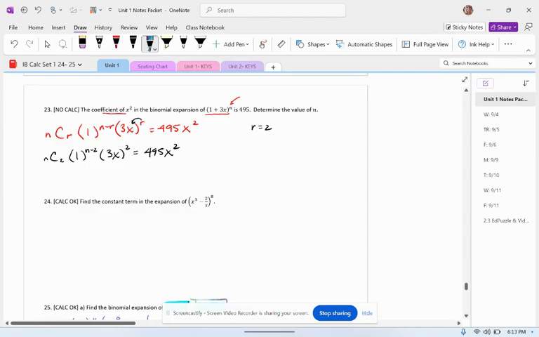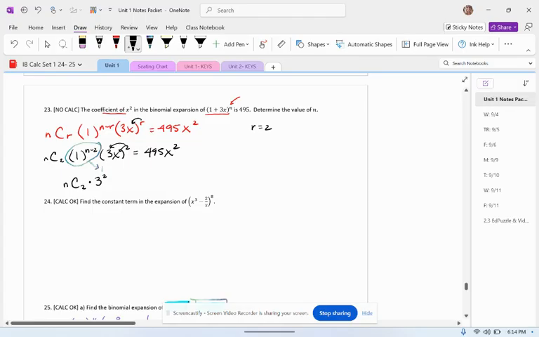Well, I can kind of ignore this because 1 to the power of anything is always going to be 1. So I can disregard this because this piece of information does not help me in solving this problem. So instead, I have n choose 2. I can distribute the exponent of 2 to the 3.